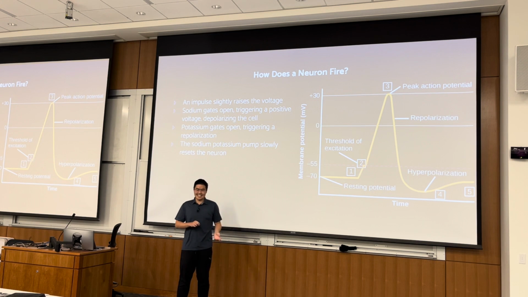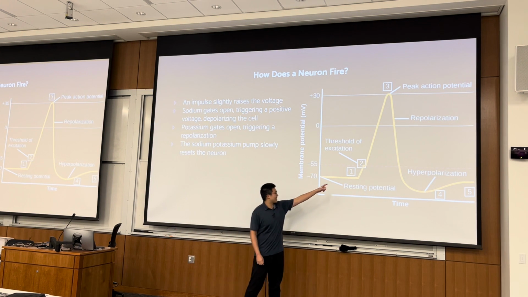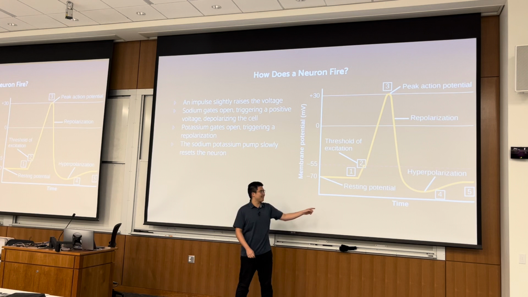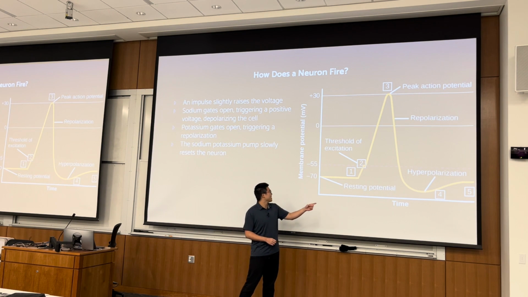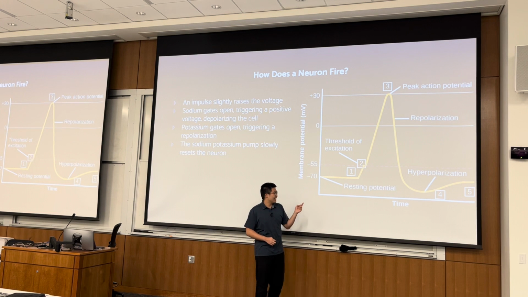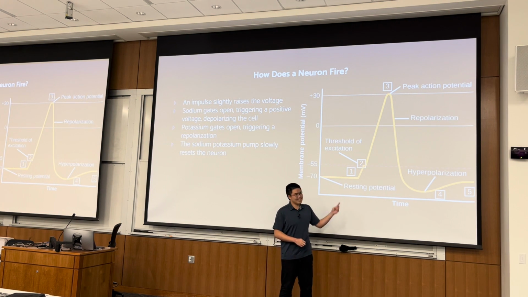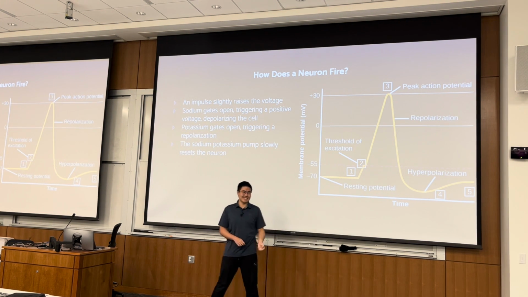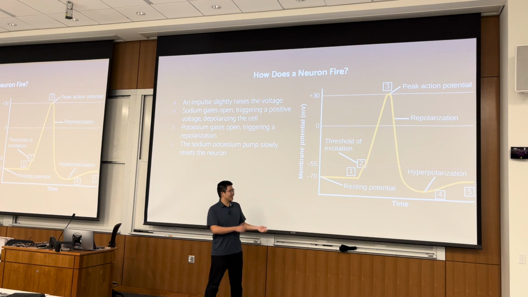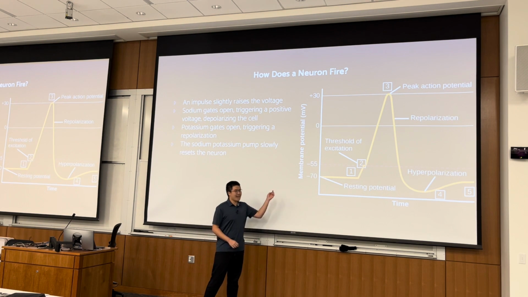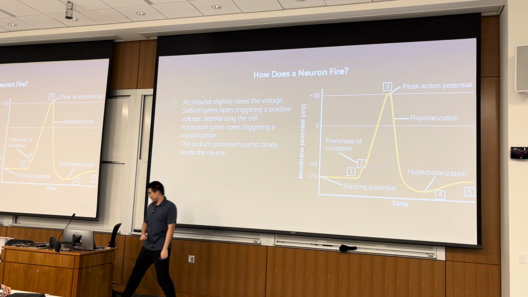And then it actually goes even more. You can see it's slightly below, and this is called hyperpolarization. So it actually ended up at a slightly lower voltage than our start. And then finally, step 5 is our sodium potassium gates. They do their jobs, and then they slowly bring that voltage back to negative 70 millivolts.